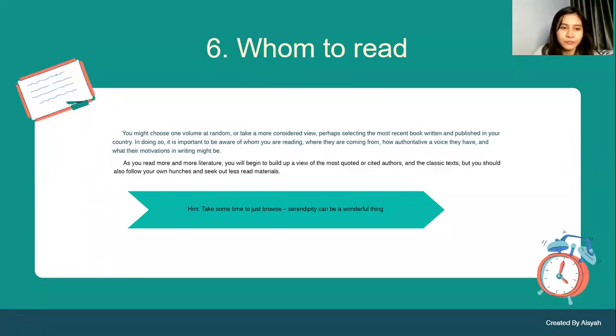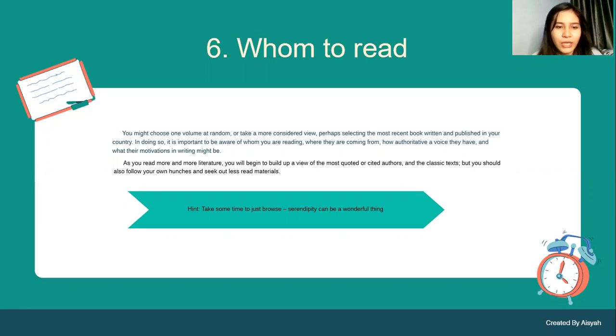6. Whom to read. You might choose a volume at random or take a more considered view, perhaps selecting the most recent book written and published in your country. In doing so, it is important to be aware of whom you are reading, where they are coming from, how authoritative a voice they have, and what their motivation might be.